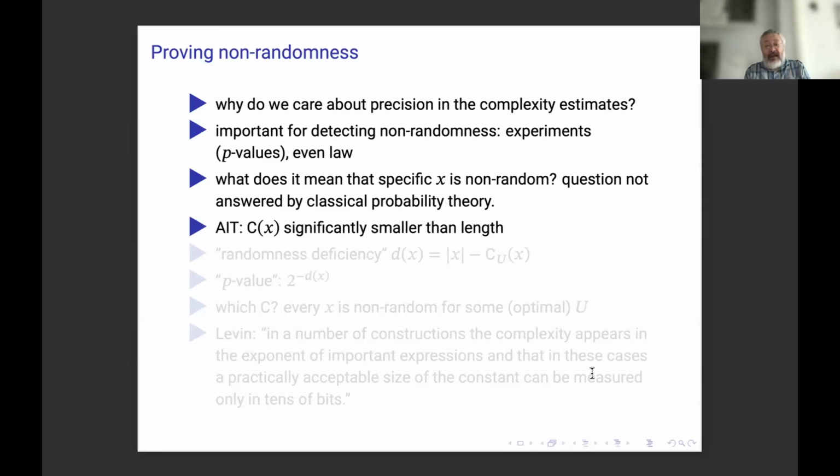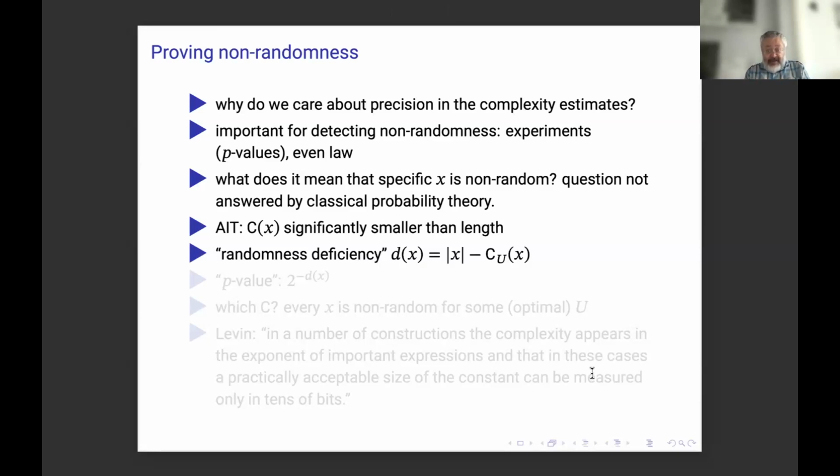So if we see some string x and want to say that it cannot be obtained by random coin tossing, for example a string of zeros, why don't we believe that it's random? Because it has a very short description. There is a notion of randomness deficiency for a fair coin.